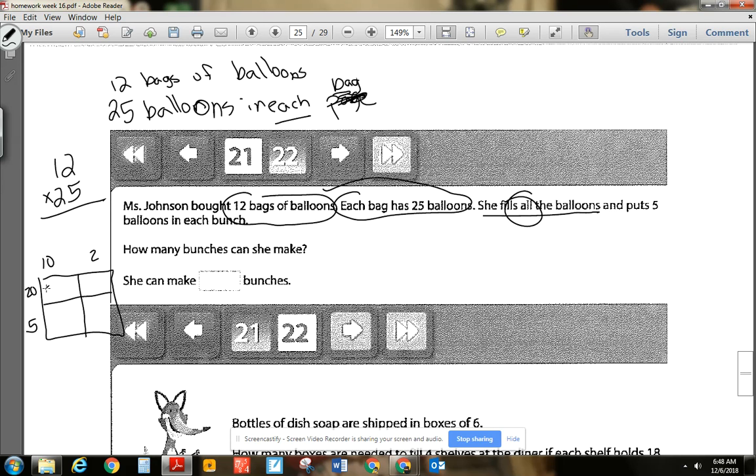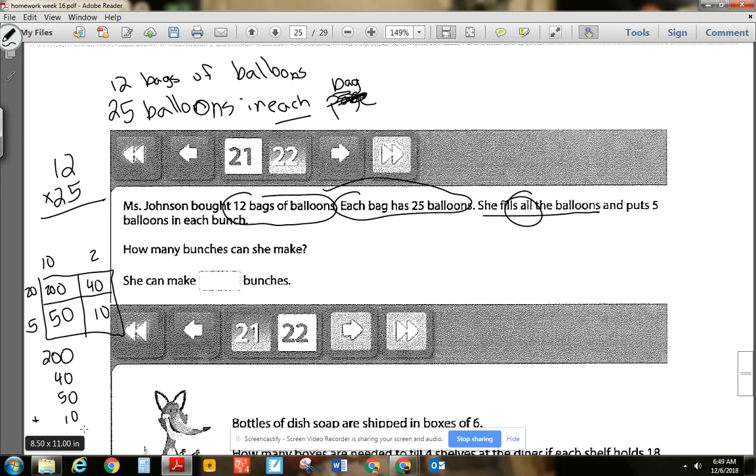She bought 200 there, right? Because 2 times 1 is 2 and 10 times 10 is 100. So 200. You got 40 tens. 5 times 10 is 50 tens. And 5 times 2 is 10.